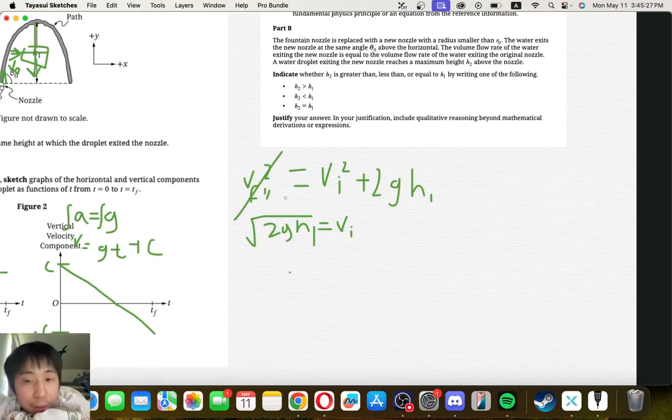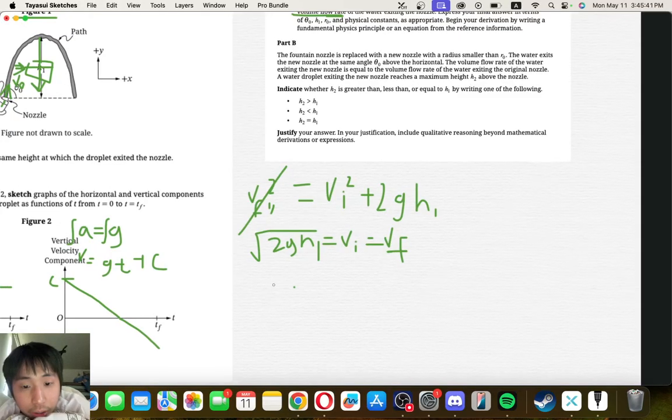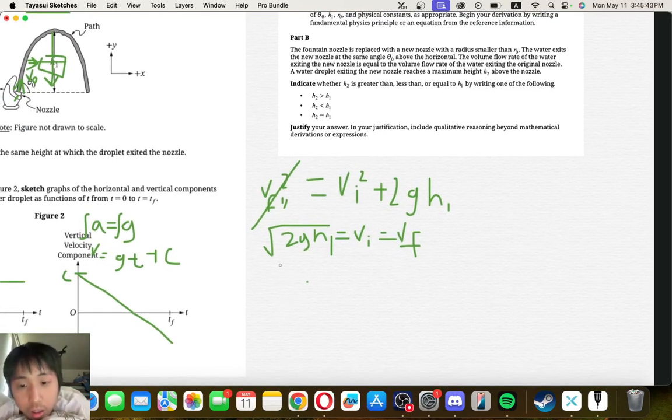Sheesh. Probably have to use this equation too, by the way. So, given that this is the initial, maybe it's now the new final of the volumetric flow rate, and that some pi r squared times velocity initial equals pi r squared equals pi r.